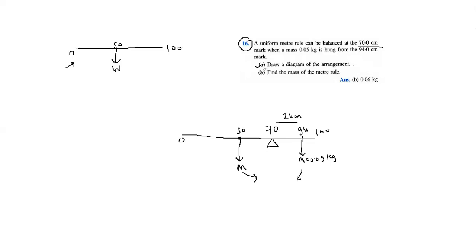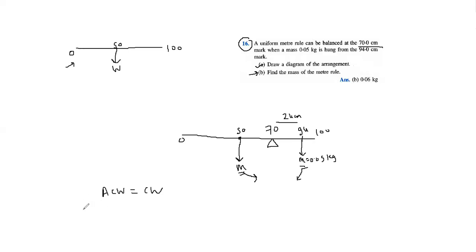Question says find the mass of the rule. So we have to find the mass of the rule. Now, as per the law of moments, anti-clockwise moment equals clockwise moment. But we have to keep in mind that here we have been provided with mass and not weight. Although that doesn't make any difference because on both ends we'll be cancelling it out, it's good to show.